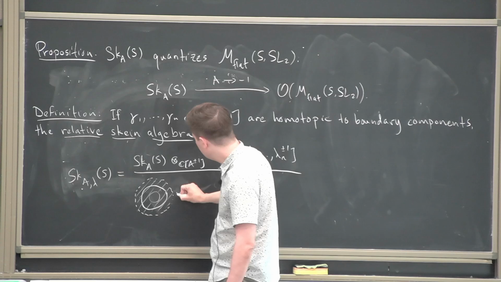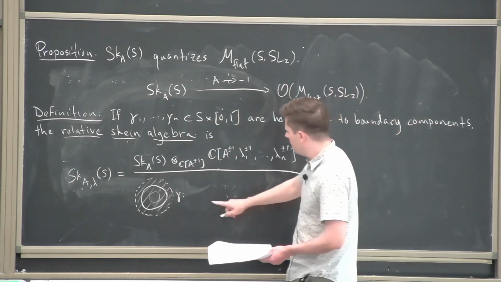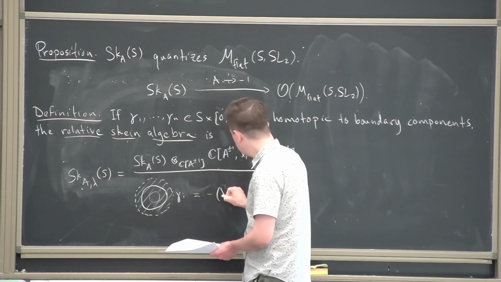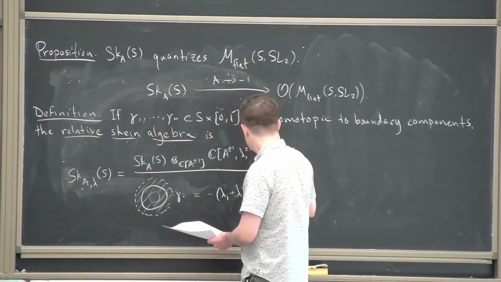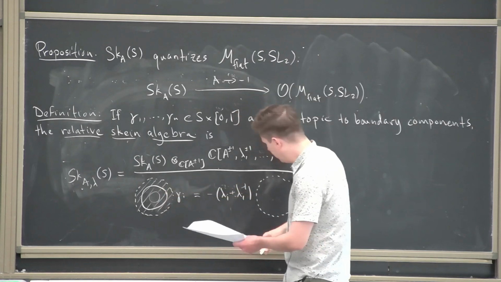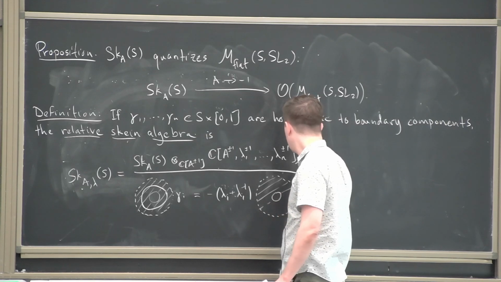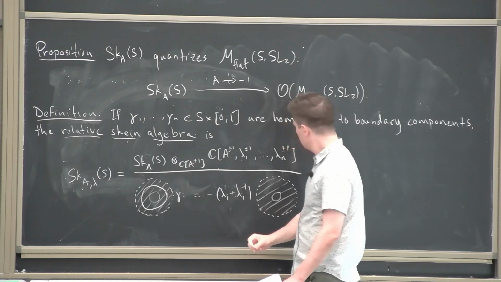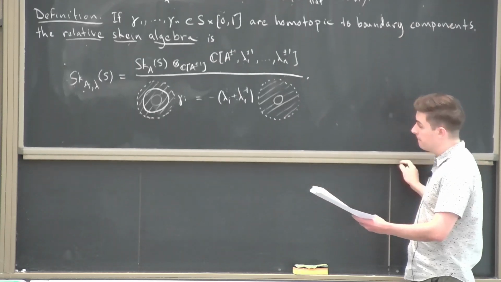So this is the ith boundary component, and I'll impose the relation that this element equals minus lambda i plus lambda i inverse times the element that we get by deleting this component. All right? So that's the relative version of the skein algebra.